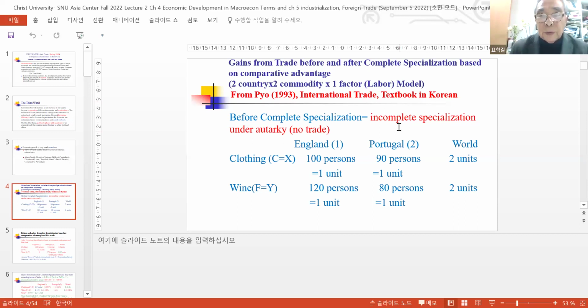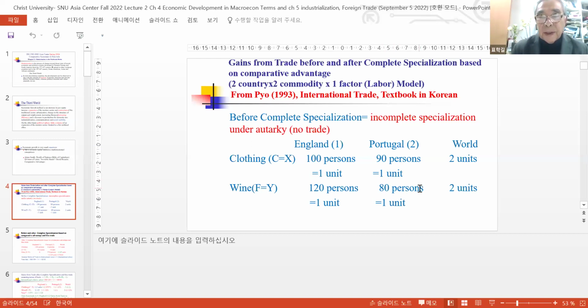Okay, according to this numerical example of this textbook, similar numerical example, but the numbers are different. England, to produce 1 unit, 100 persons. Portugal, to produce 1 unit of clothing, 90 persons. It's like a 2 by 2 matrix. For England, wine, 120 persons. Portugal, wine, only 80 persons.